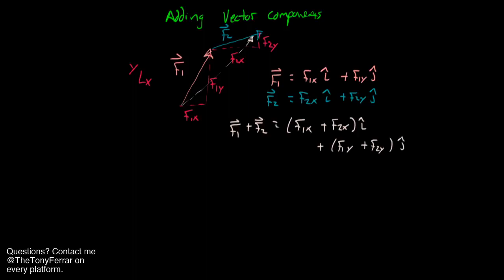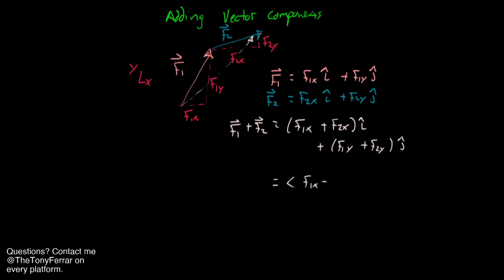Some people like to use the bracket notation. That's cool too. So you could write this as F1X plus F2X comma F1Y plus F2Y, and use little hard brackets here. I prefer the I's and J's, but both notations work.